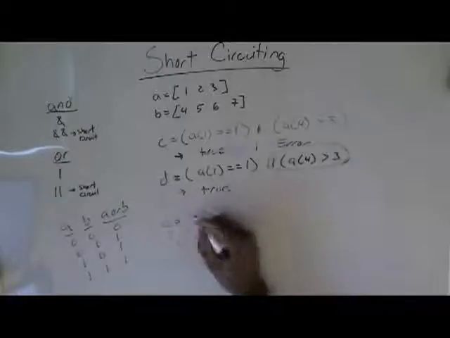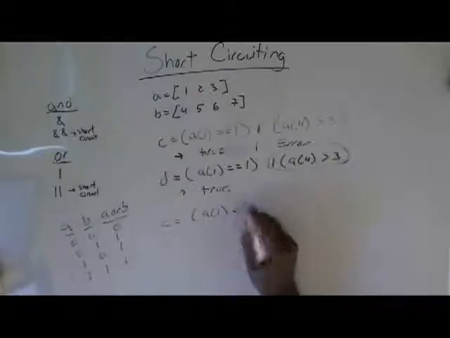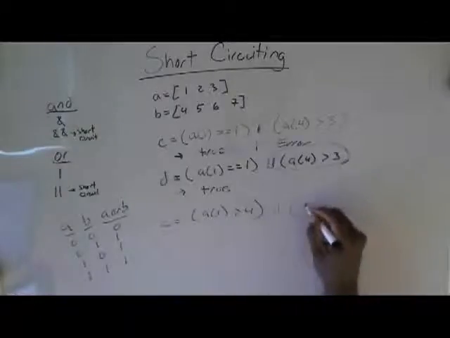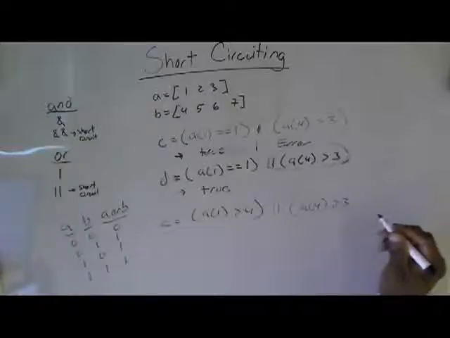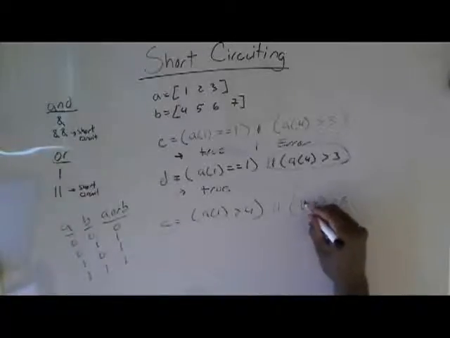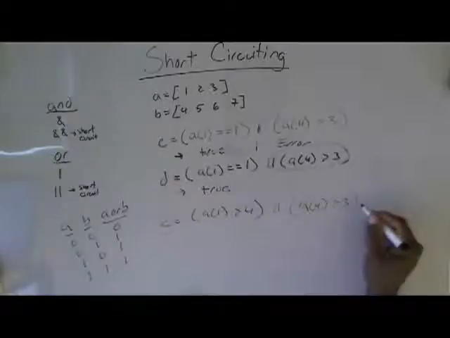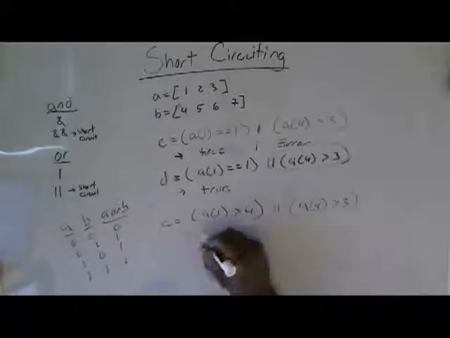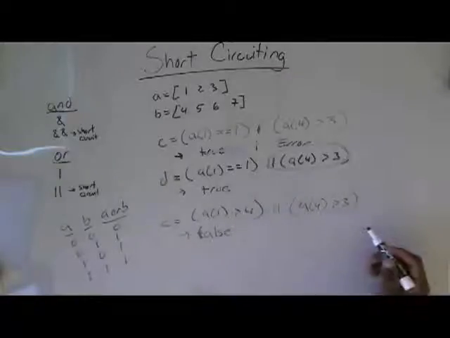Okay. Likewise, if this first statement was false, if A4 is greater than 3, then because my first statement here is false, it can't short circuit on a false because it needs to continue to evaluate till it finds a true.